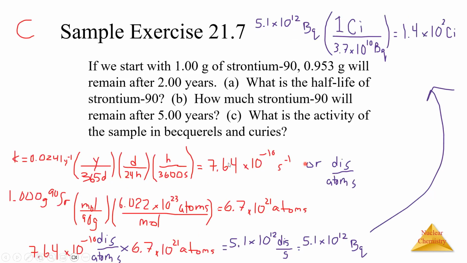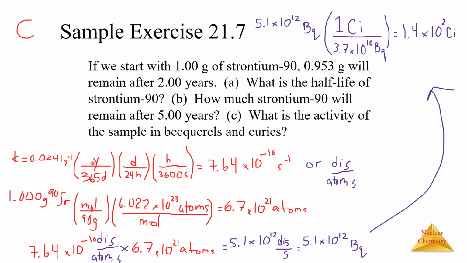The first equation here is just taking this rate constant, 0.0241 inverse years, and then using dimensional analysis. So with inverse years, it's really 0.0241 over years. That's why I've got years on top to start, is equal to 365 days. But we want inverse seconds, so we've got to continue through. 1 day is equal to 24 hours.